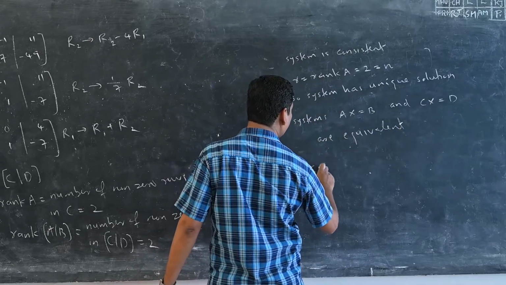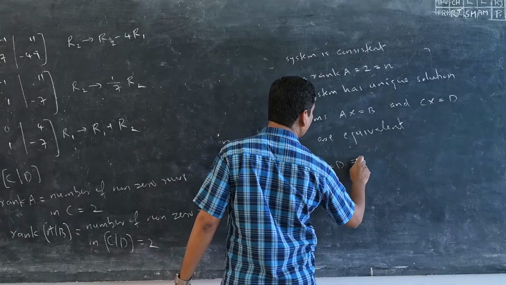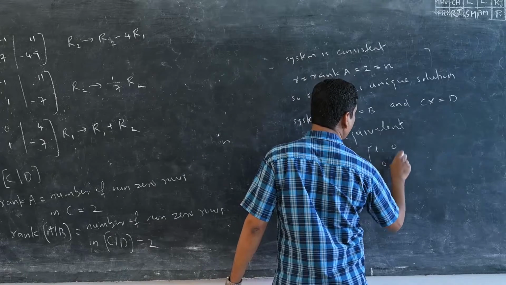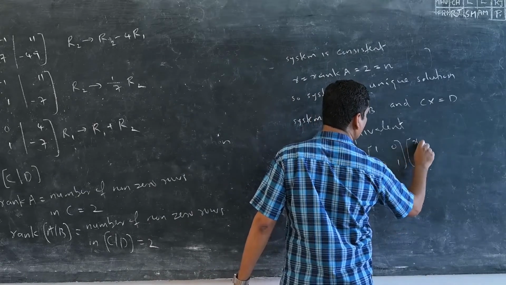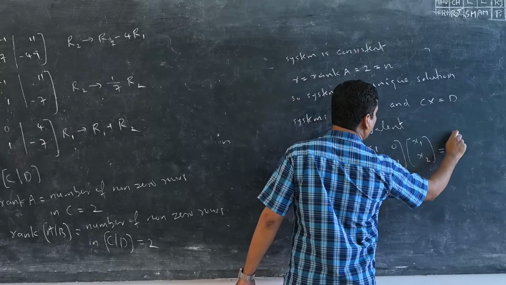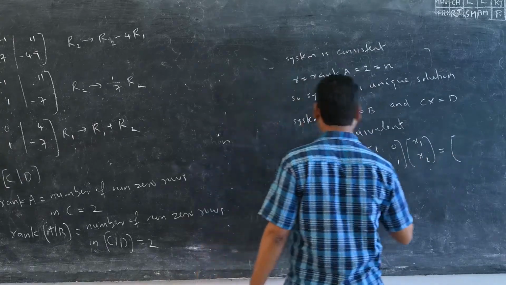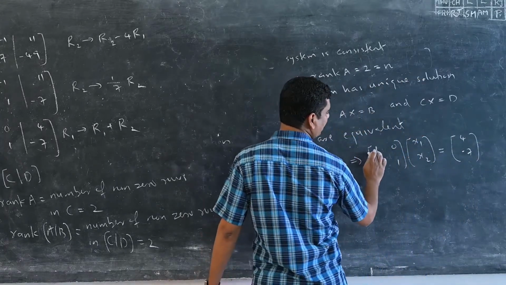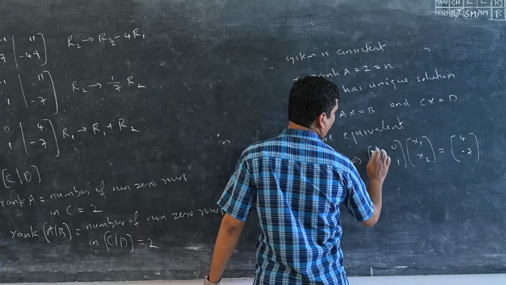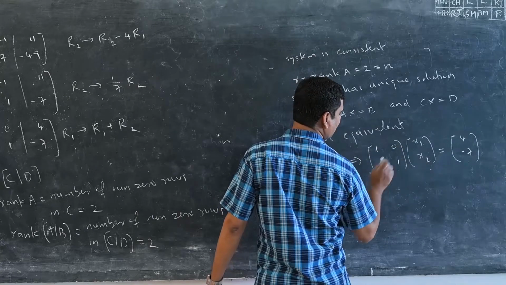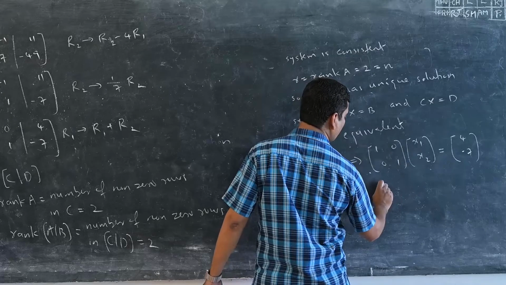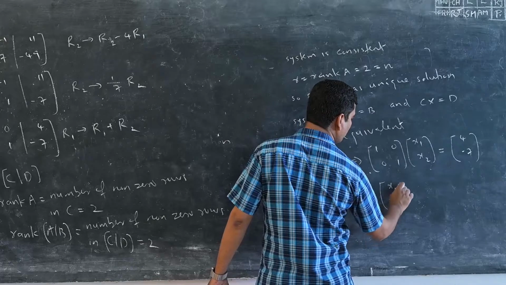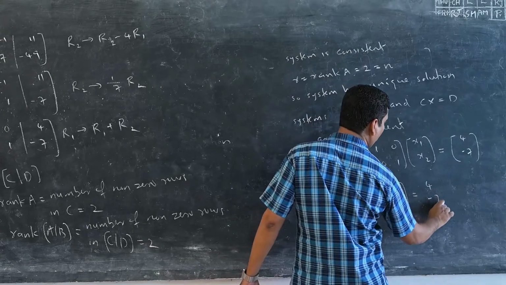Now Cx is equal to D implies C is 1 0 0 1, X is x1 x2, D is equal to 4 minus 7. Multiplying 1 0 0 1 into x1 x2, this is 1 into x1 plus 0 into x2, so this is x1, and 0 into x1 plus 1 into x2, which is x2. So x1 x2 is equal to 4 minus 7.